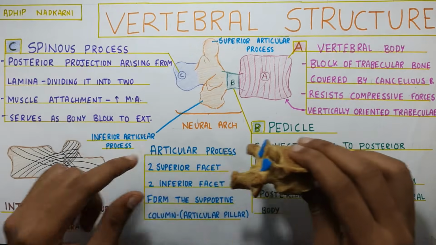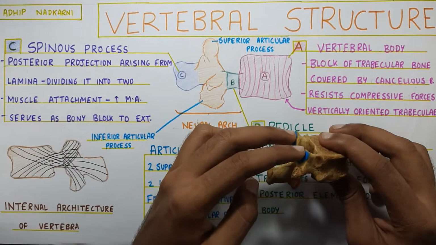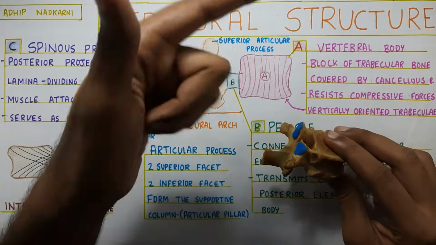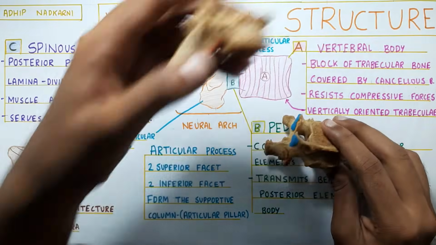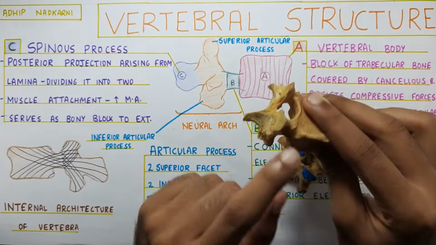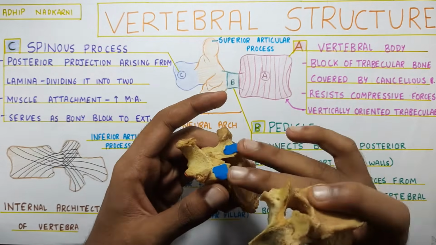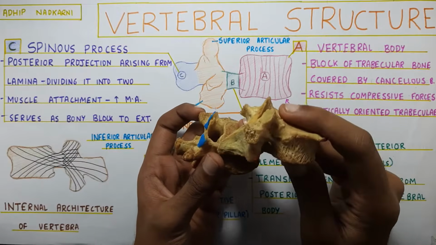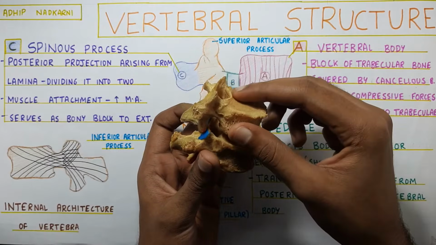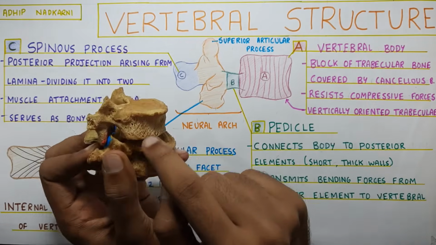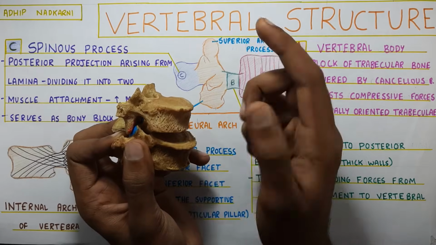These are your facets, and these superior facets will articulate with the inferior facets of the next vertebra. If I take the next vertebra over here, this vertebra's inferior facets will articulate with the superior facets of the vertebra below it. This is how the articulation happens, and there will be a disc between these two vertebrae, so don't miss that.